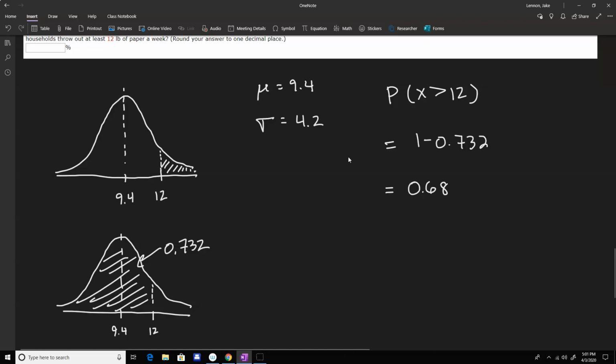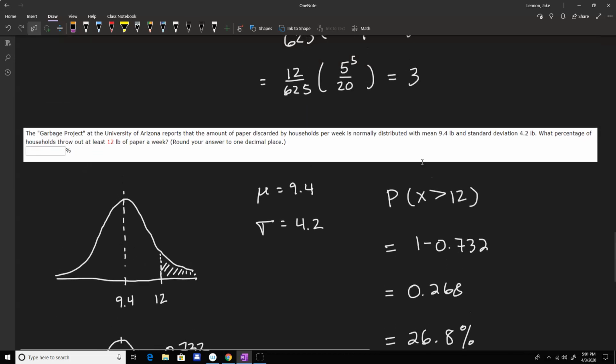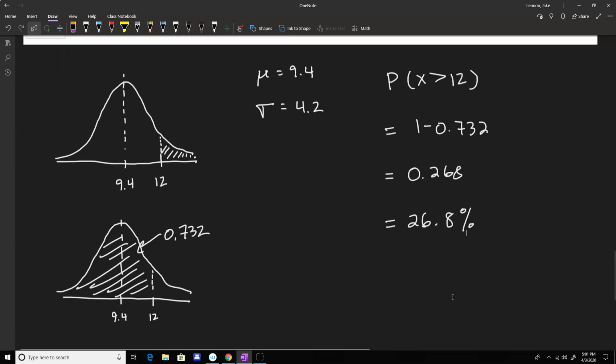So if they ask for it as a percentage, you need to make sure to adjust, because this is as a decimal. So 0.268. If they ask for it as a percentage, we would say the answer is 26.8%. So there's a 26.8% chance that a household's throwing away more than 12 pounds of paper, according to this data. They do ask for it as a percentage, so we want to enter that as 26.8.